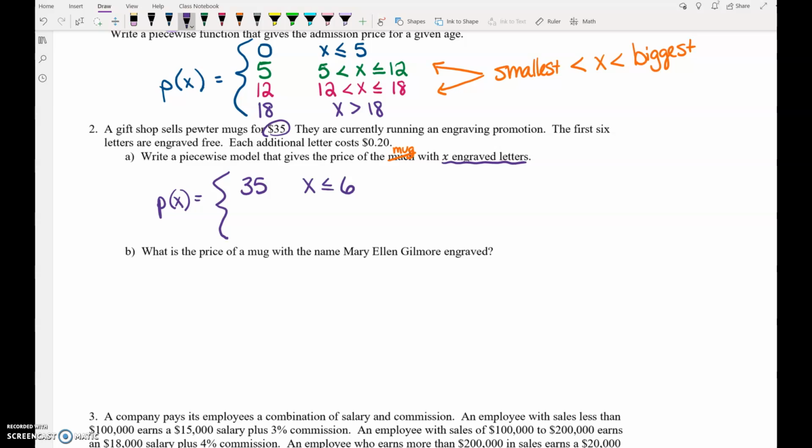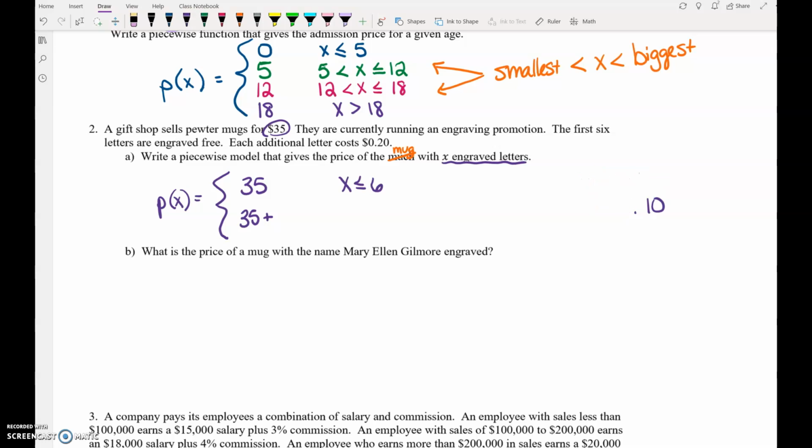Okay. Then we're going to have $35 for the mug plus, this next part is the kind of weird part. The 7th letter is going to cost 20 cents. The 8th letter is going to cost another 20 cents. So if there's 8 letters, it's going to cost 40 cents, and so on.